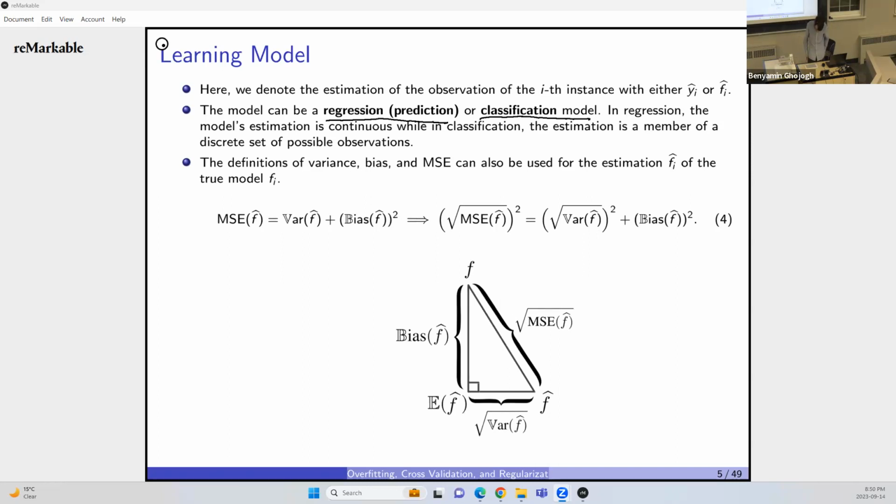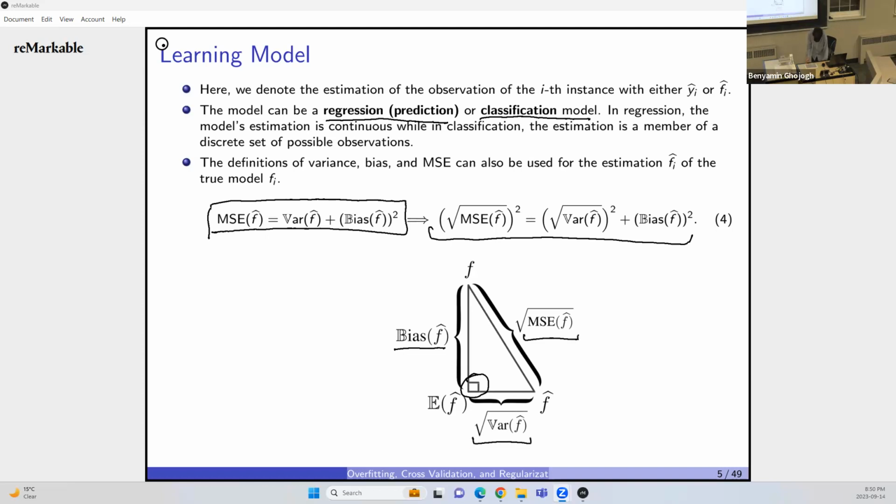Again, recall the preliminaries: the mean squared error of f hat equals the variance of f hat plus the bias of f hat squared. I can also write it in this form as a Pythagorean theorem, using a triangle. You have a triangle with a right angle, with the bias of f hat here, the square root of the variance of f hat here, and the square root of the mean squared error of f hat.